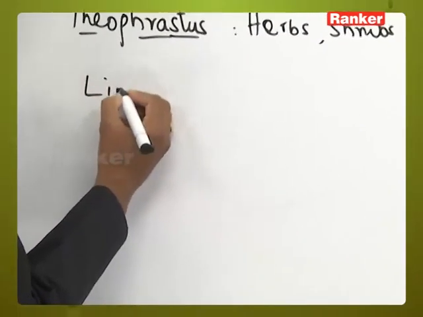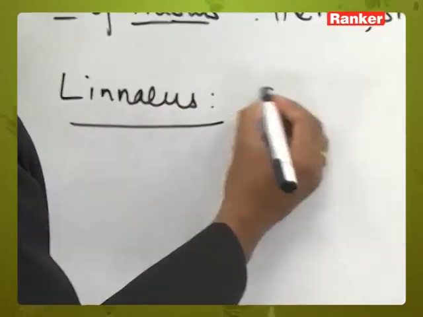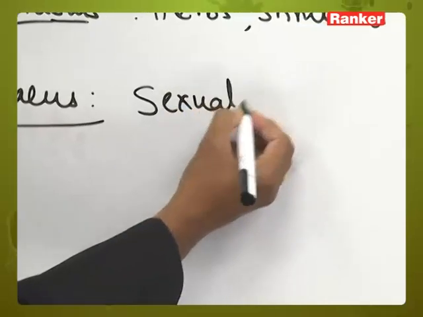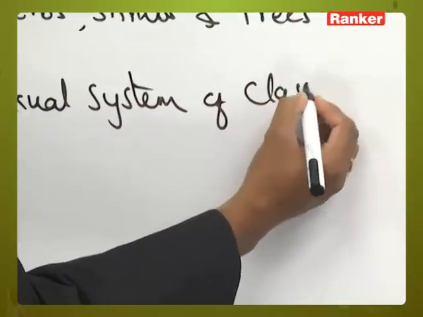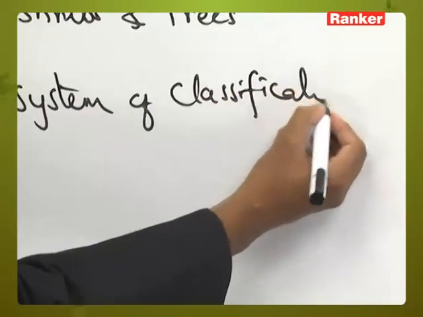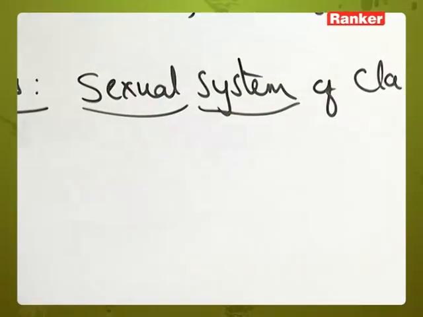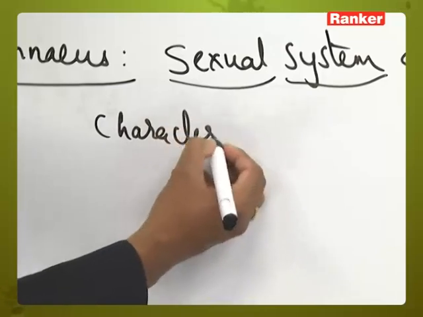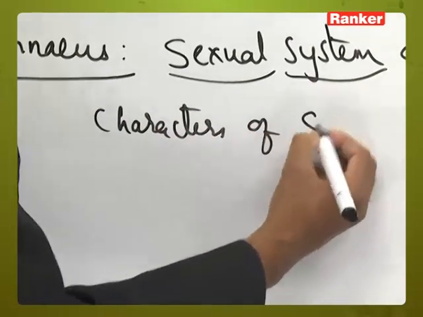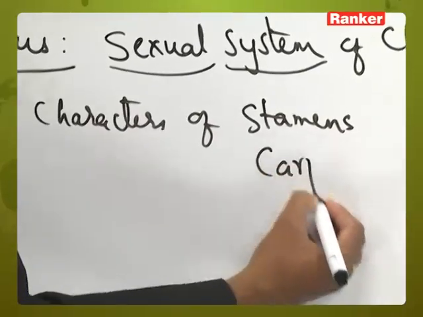Then the scientist Linnaeus. The Linnaeus system of classification is called the sexual system of classification. Why is it called a sexual system? Here the sexual characters of the plants have been considered, that is, the characters of the sex organs, the stamens and the carpels.